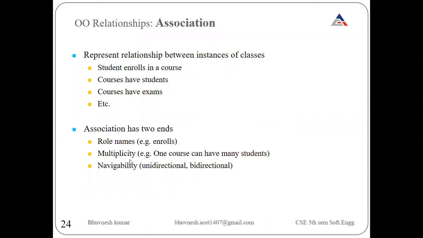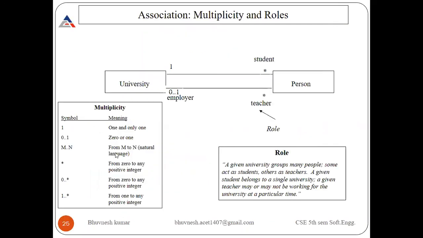There is a multiplicity concept also. Okay, multiplicity means cardinalities. One relationship, 0 to 1 relationship, many relationships. Star is for many, 0 to star is 0 or it can be many. And here is an association with a university and a person.